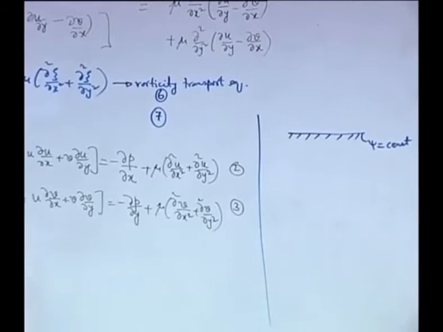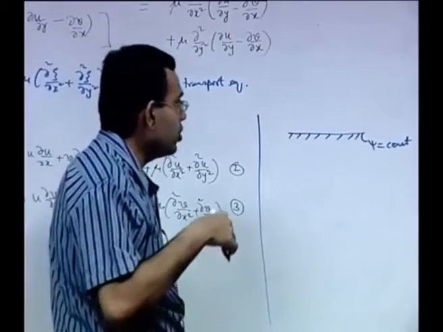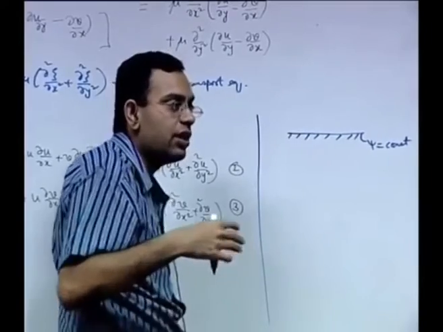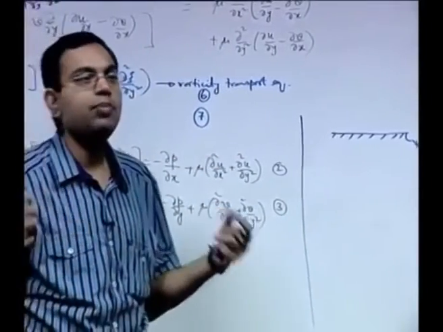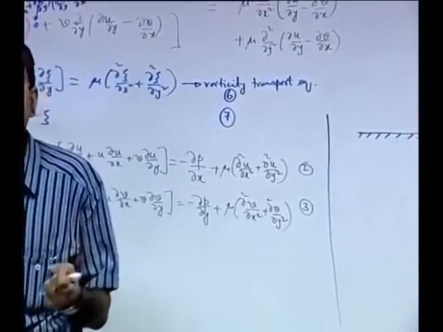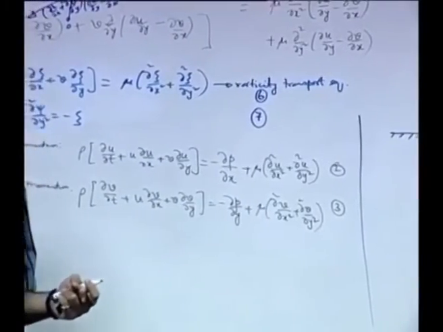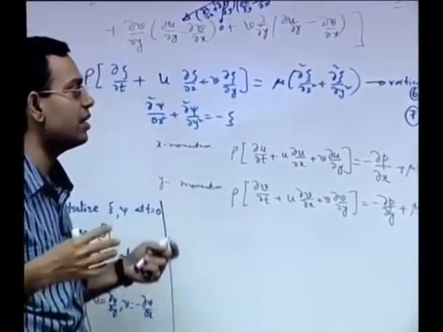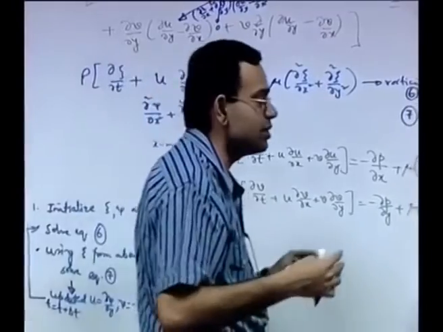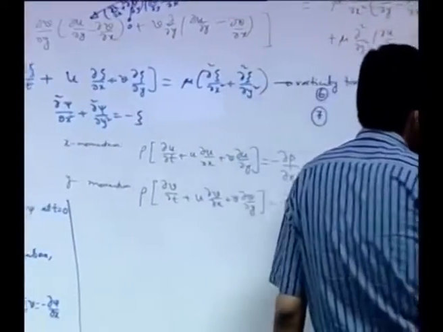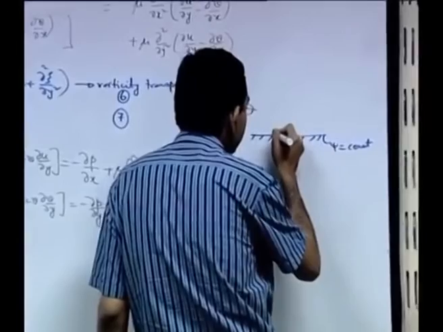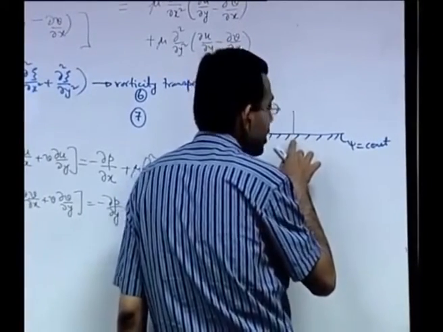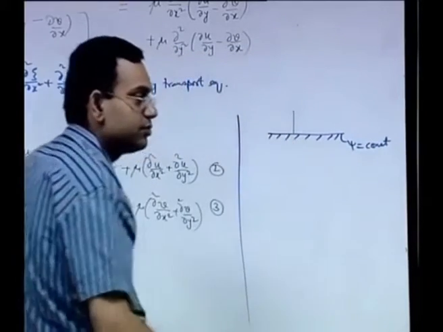These aspects were so important when people started using the stream function vorticity method that there were research papers totally devoted to how to give vorticity boundary conditions for some complicated problems, because these were not trivial, at least when this method was first established. Now let us not go into such complications, let us consider a simple case where you want to give vorticity boundary condition at this particular boundary.